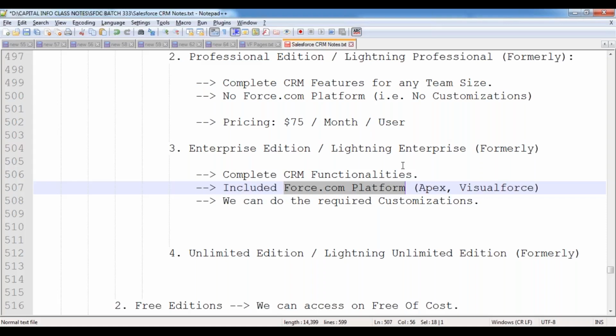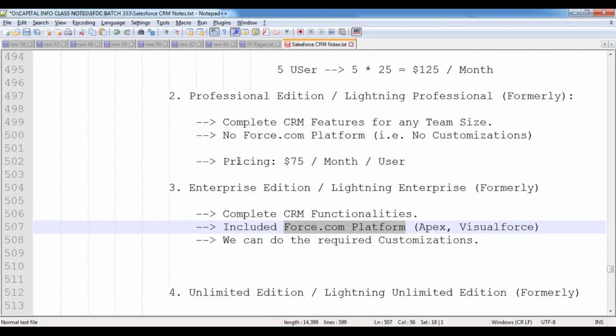So what is this Force.com platform? The Force.com platform is used to build our own custom applications: banking, finance, insurance, everything. From an entry point of view, they will raise a question: I want to develop my own banking application, so tell me which edition we need to use, the minimum edition. If you want to develop your own custom application, then we need the Force.com platform, right? Yes, and the Force.com platform was introduced from where?